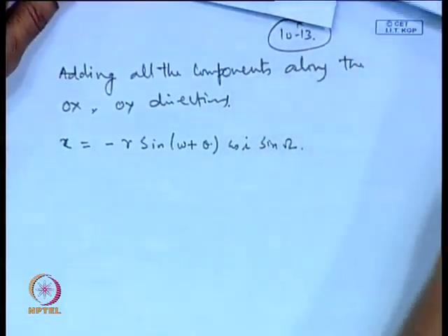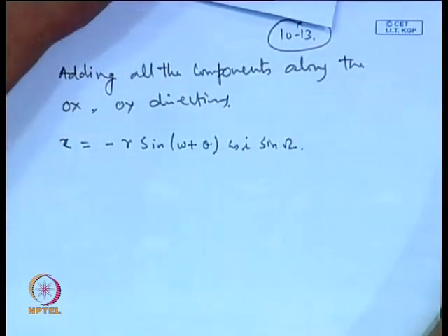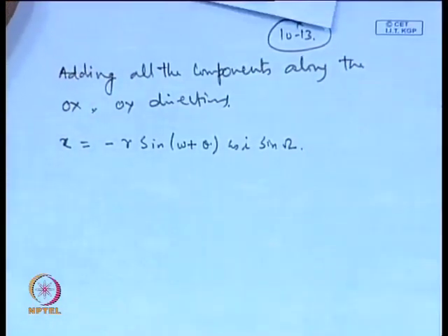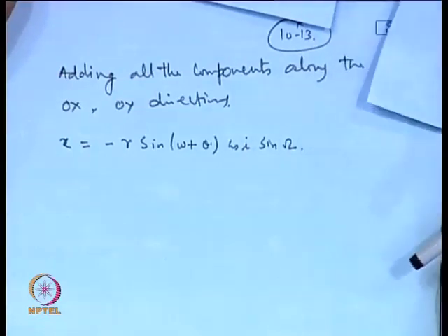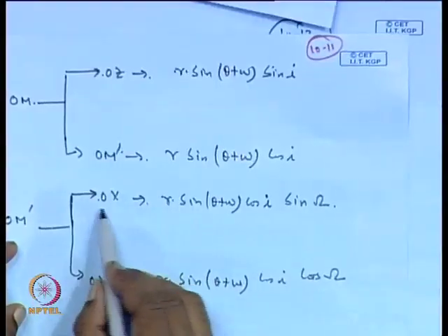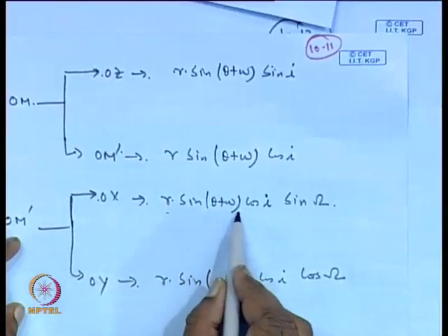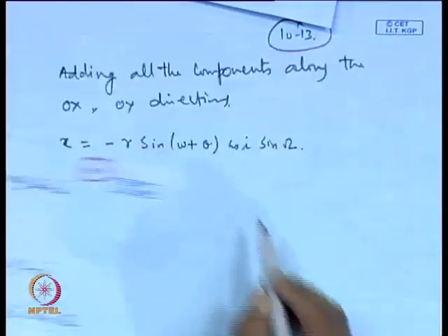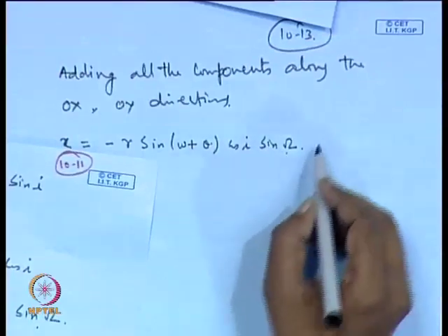You can check one by one. So, this is the component here O x, we have taken r sin(theta plus omega) cos I times sin capital omega, which is appearing here.